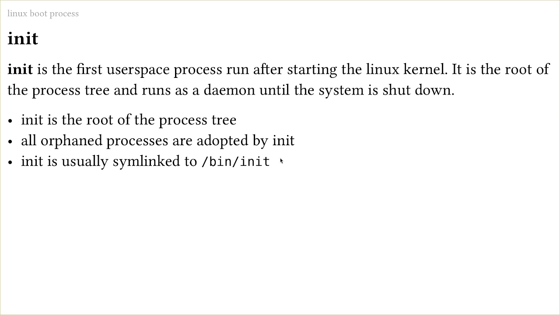It's the root of the process tree. Every other process is going to spawn from it, and it needs to run until the system is shut down. It's the first thing to run, the last thing to exit. If you orphan a process, it's always going to be adopted by the init system.